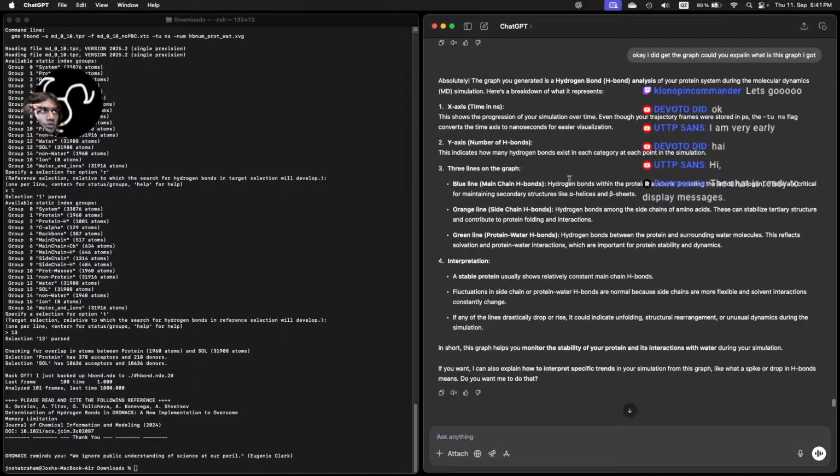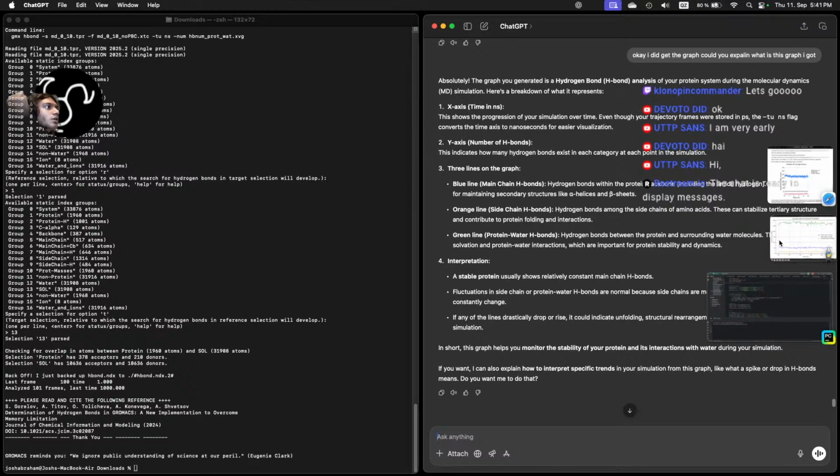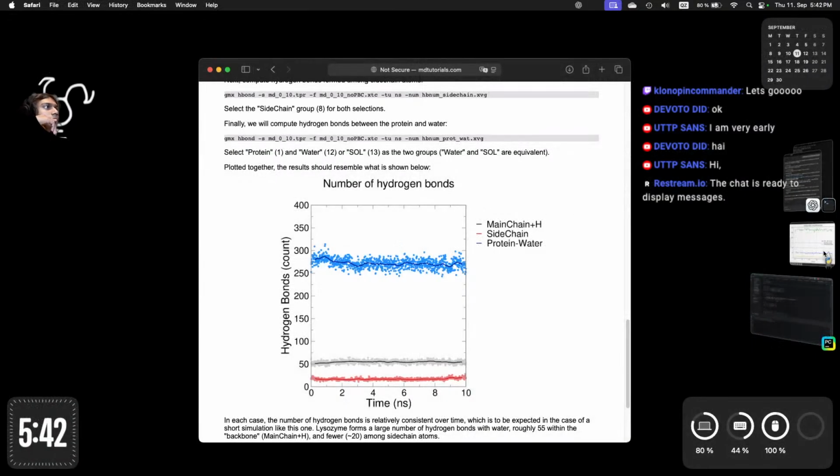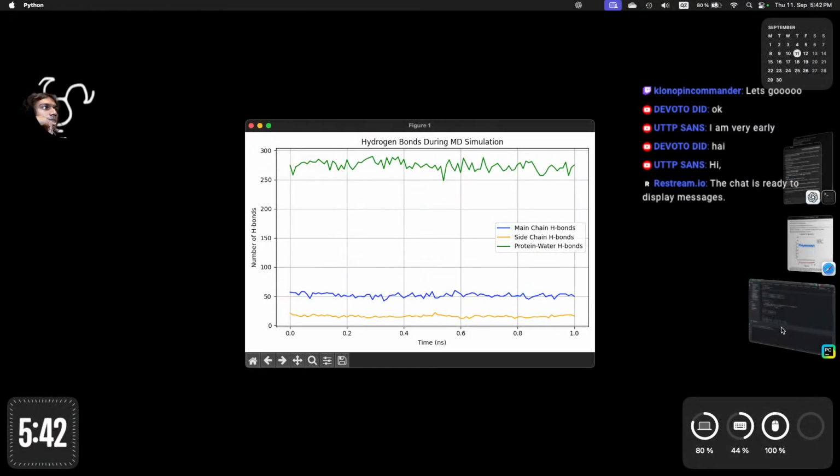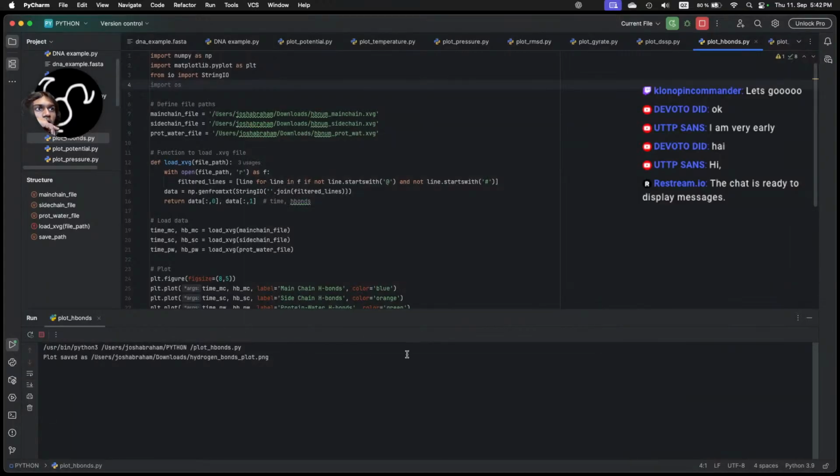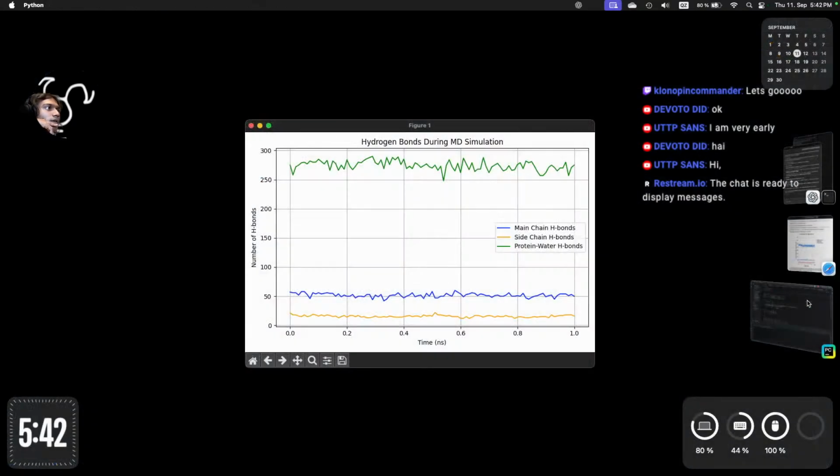Blue line, main chain hydrogen bonds within the protein backbone, including amide hydrogen. Did you save it? Oh, yeah, I did save it. The blue one, main chain.